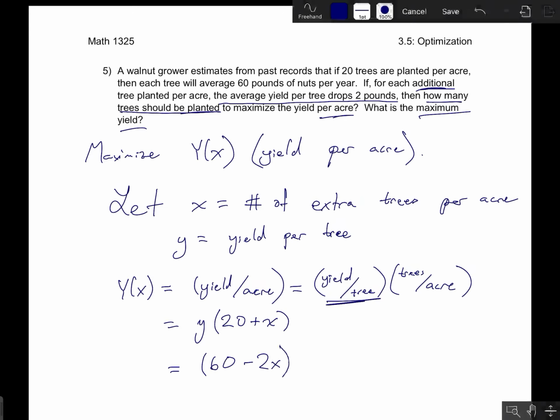So Y can be written like this, 60 minus 2X, because that's 60 pounds per tree minus 2 pounds times the number of extra trees that we planted. So that's how we can write Y as a function of X. So that was the yield per tree times the number of trees that we plant per acre. So this product will give us the total yield per acre, and this is what we're trying to maximize.